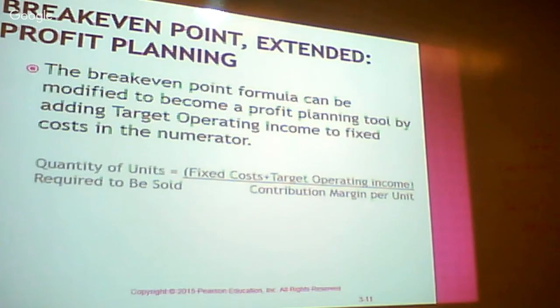Okay? I do know one of the homework assignments asked you for a break-even, and then it asks you if you want a profit of, I think it's 159,000. So you take your fixed cost plus your profit, what you want, and divide it by the contribution margin to get the number of units. All right, any questions?